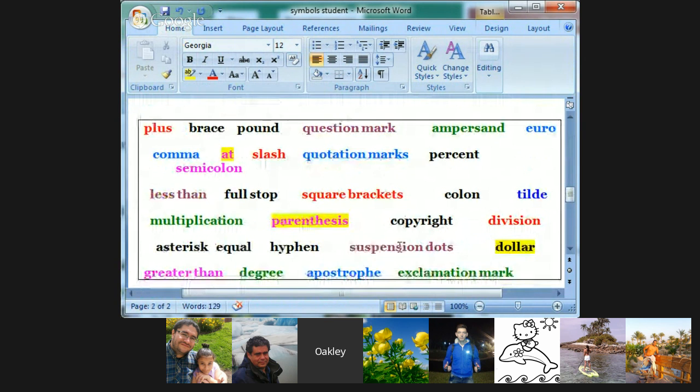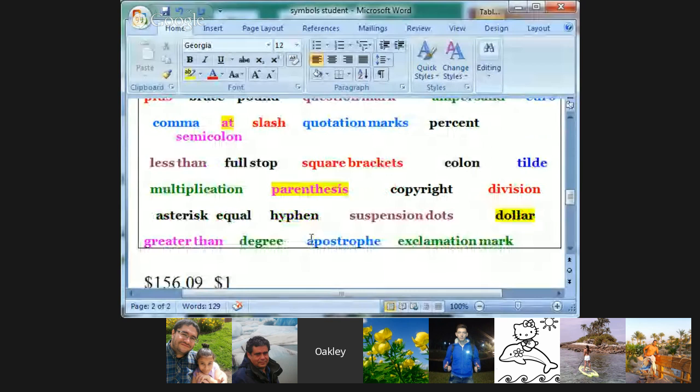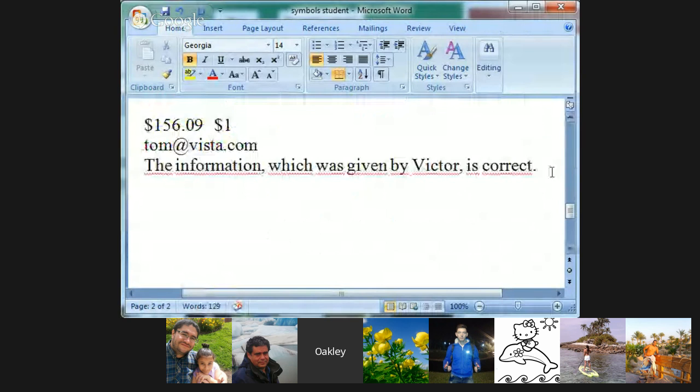Where is it here? I don't see it in my lists. Oh my God, I lost it. Oh, here it is. See, there it is, asterisk. What is an asterisk used for? So, as far as I understand, it may be used as a footnote to give additional information, for instance.